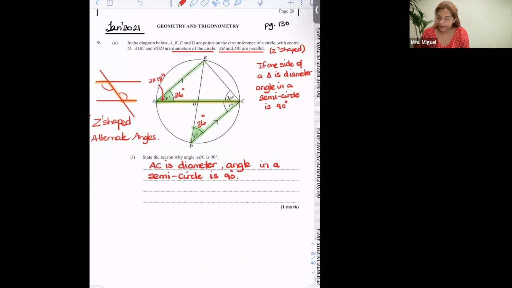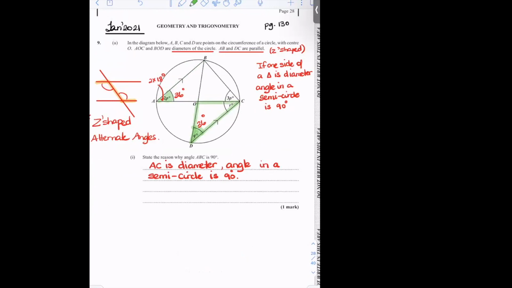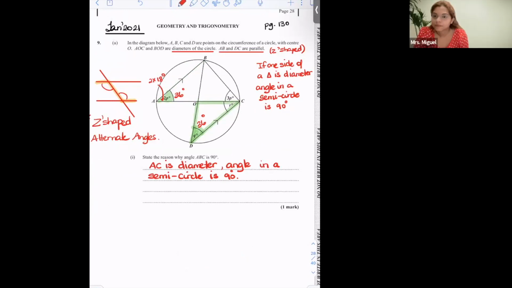What type of triangle is this? Isosceles. Why? What tells you it is isosceles, Amrita? OD is called what? What is the line OD called?